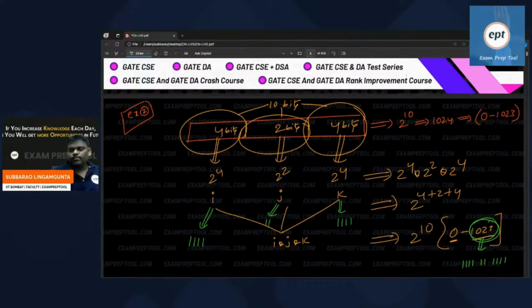If you want the minimum value, take minimum everywhere: 4 zeros, 2 zeros, 4 zeros, which is 0. If you want minimum, take minimum from every part. If you want maximum, take maximum from every part. If you want the middle, take the middle from every part.